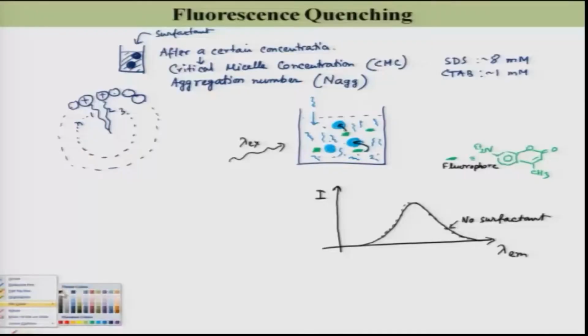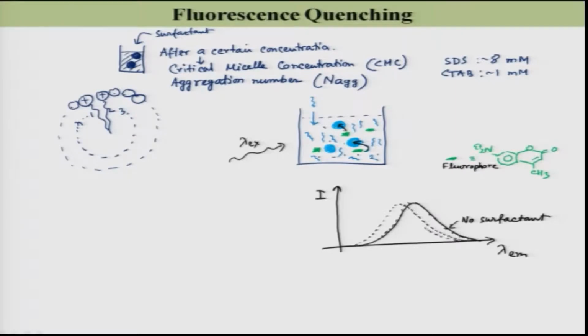So, it will not stabilize. So, what are we going to see? You will see a sudden change of emission maxima. Why? Because the emission maxima tells me how much it is solvated.